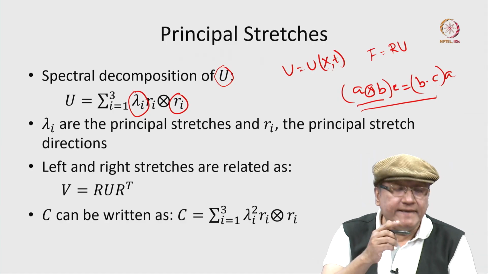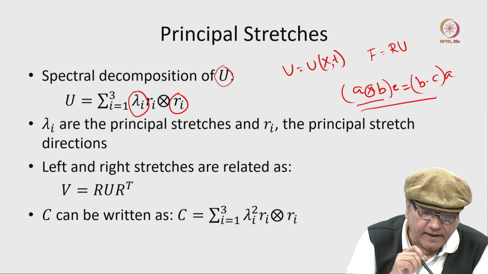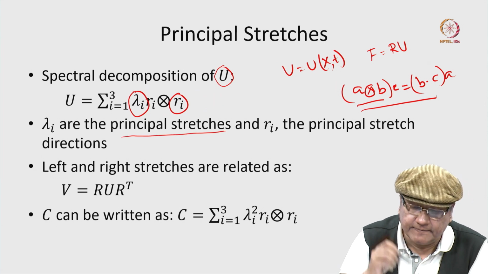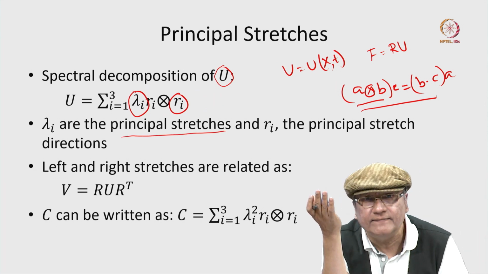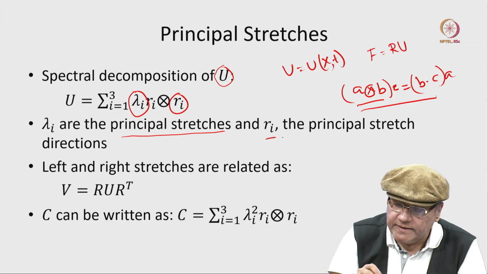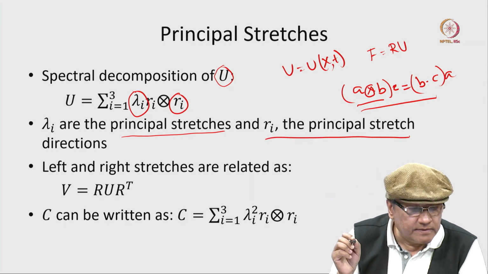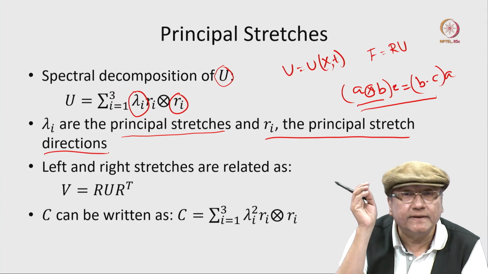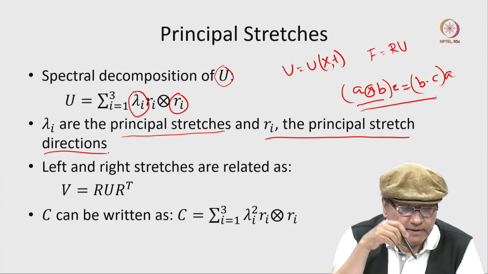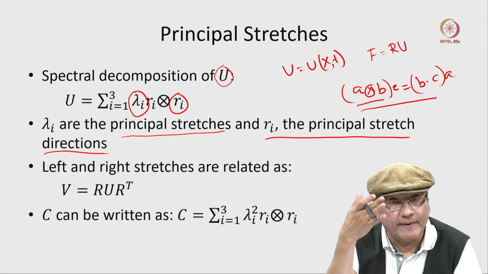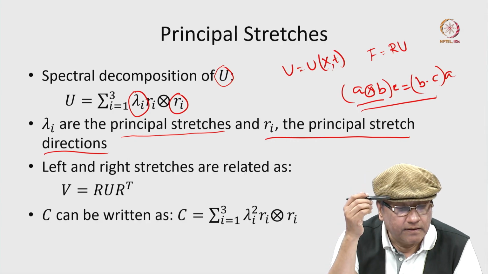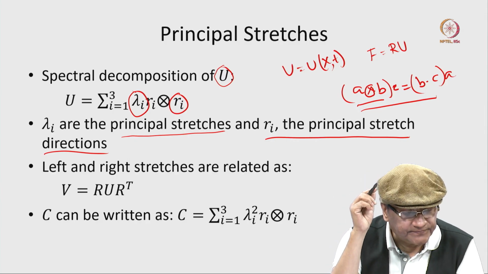Now instead of eigenvalues, we typically call the lambda_i's principal stretches. They are essentially eigenvalues of U, and R_i the principal stretch directions, all right. So the lambda_i's capture the stretch magnitudes and the R_i's the directions.